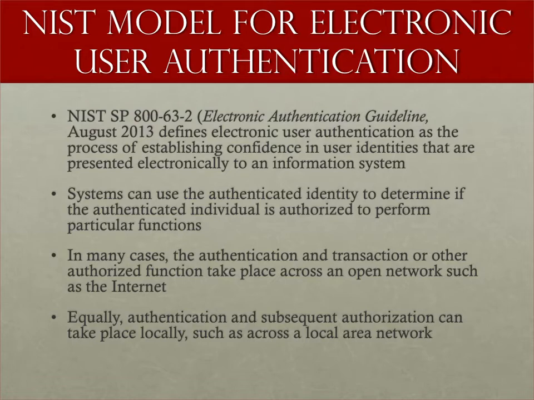So the system can use the authenticated identity to determine if the authenticated individual is authorized to perform a particular function. Once you are verified, now and only now you can access certain parts of the system.